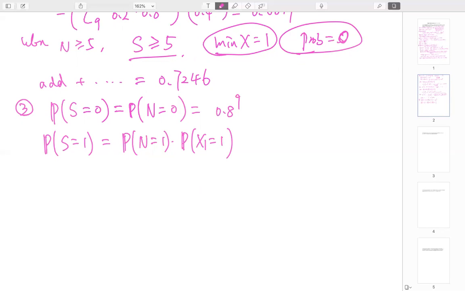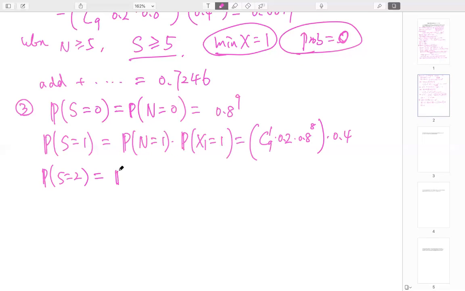So for instance, the probability for n being 1 is basically take 1 out of 9, 0.2 times 0.8 to the 8th, right? X equals 1, 0.4, right? So next, let's analyze when my s would be 2.